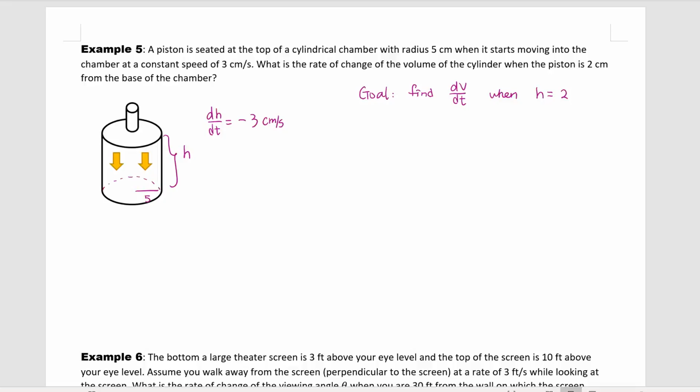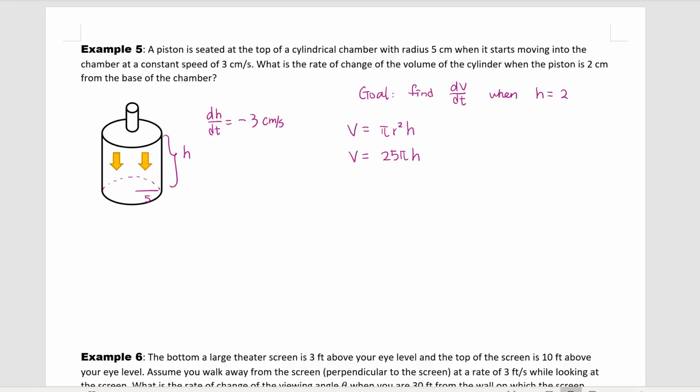What is the relationship between volume and height? This is a circular cylinder, so the volume is pi r squared h. Because r is fixed at 5, 5 squared is 25, so V = 25 pi h. That is the relationship between V and h.